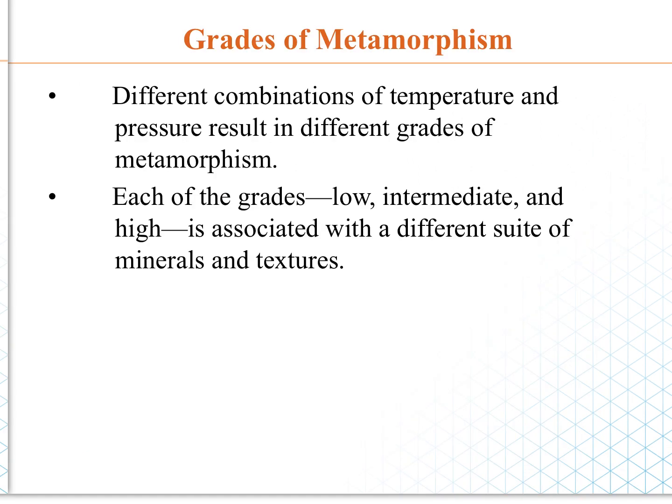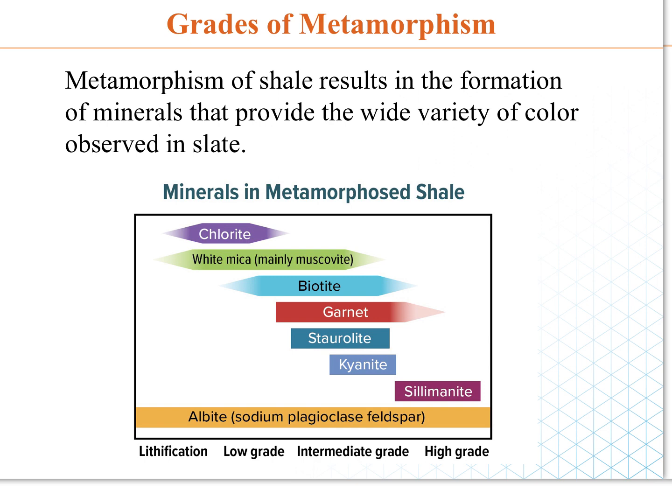Different combinations of temperature and pressure result in different grades of metamorphism, and that's where we can have low grade, intermediate, and high grade metamorphism. Low, medium, high. But wait, there's more. Here we see low, intermediate, and high grade metamorphism on shale, causing different varieties of slate to occur.